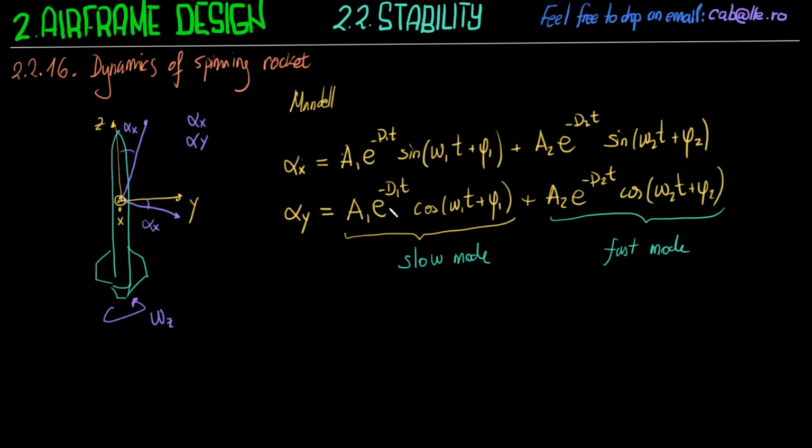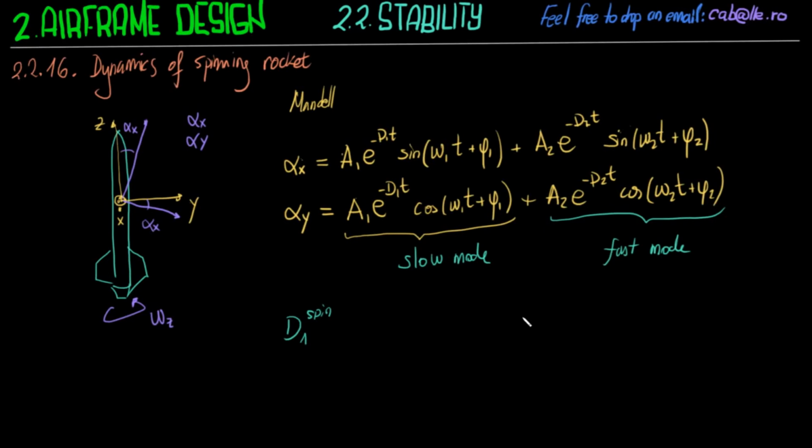So the big difference between a rolling rocket and a non-rolling rocket is that our inverse time constant, let's put it spin, can be extremely large if we spin the rocket a lot. What does that mean?